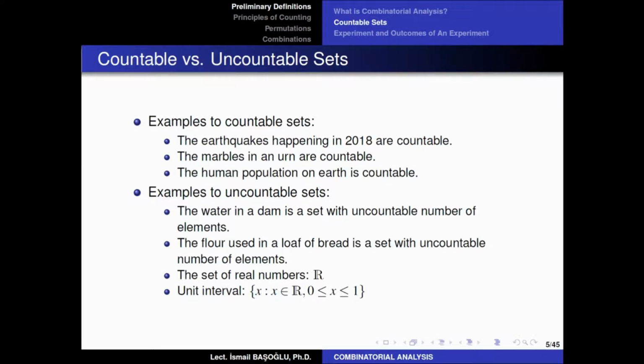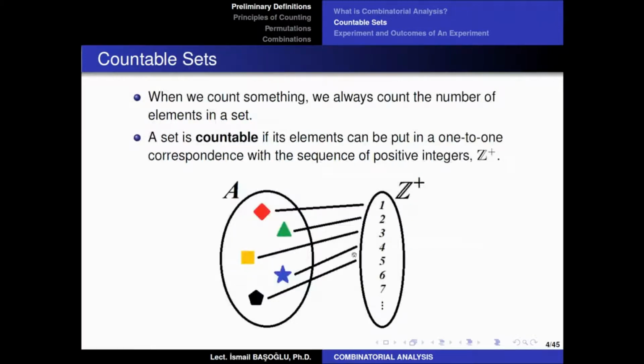There are some sets which may have infinite elements, however, still countable. If you check the positive integer set, this set has infinitely many elements. However, the set itself is countable, okay? Because we are defining the countability on positive integers. The positive integers themselves must be countable as well.